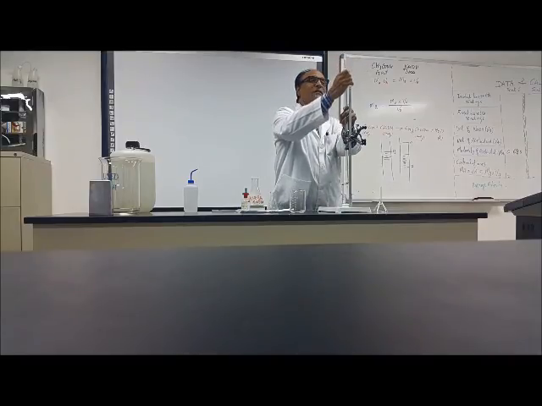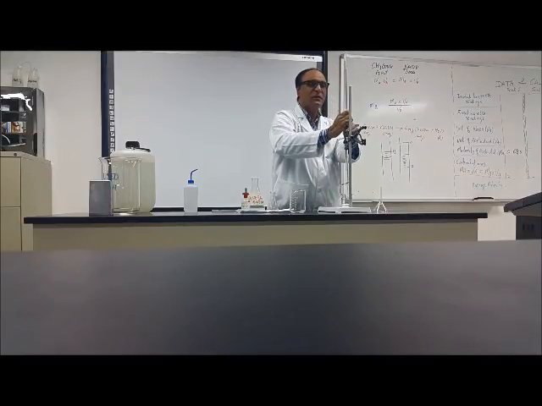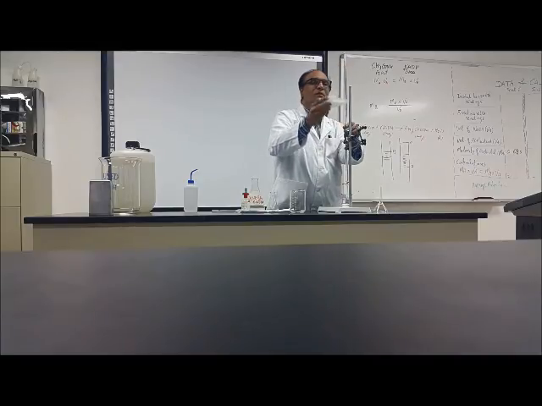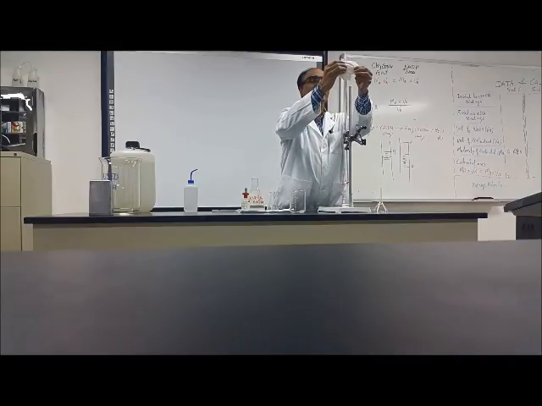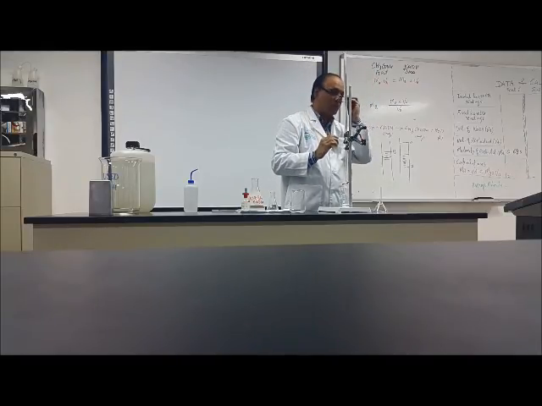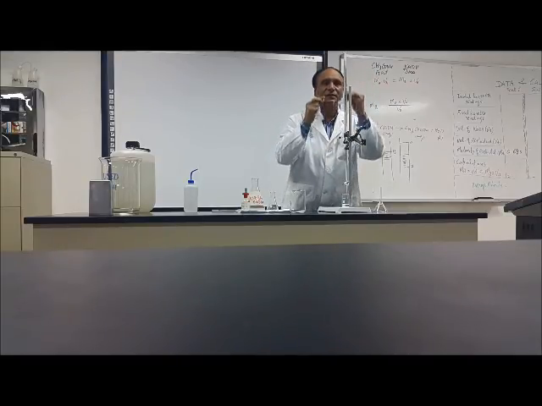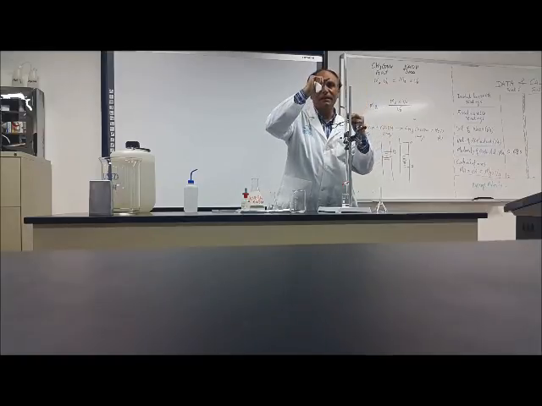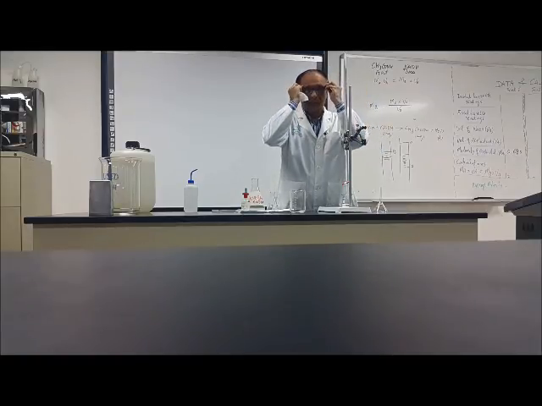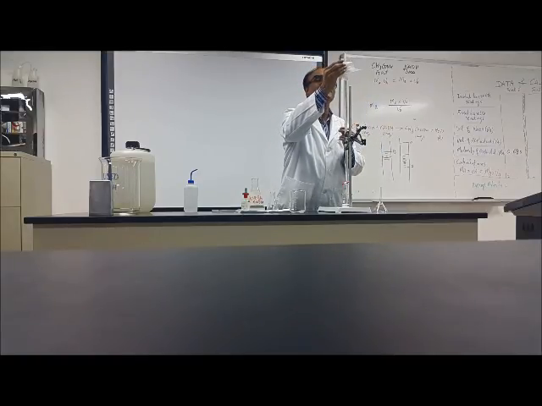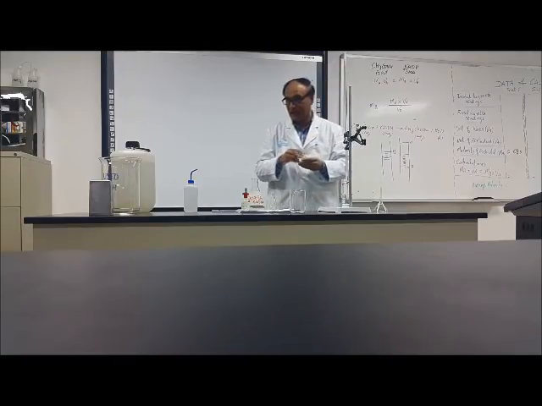When I put it, the light will not be all passing through. If I do it like this, that will be much better as compared to like that. When I put it like that, I can see the meniscus very carefully.